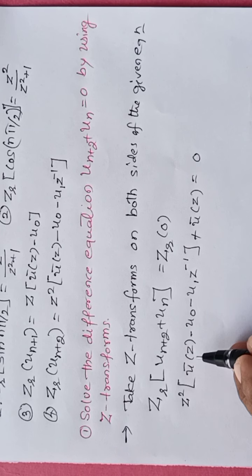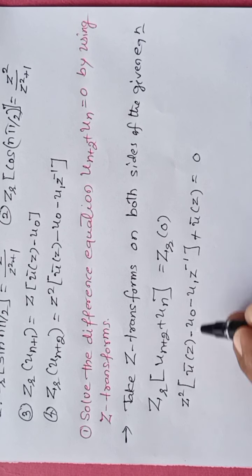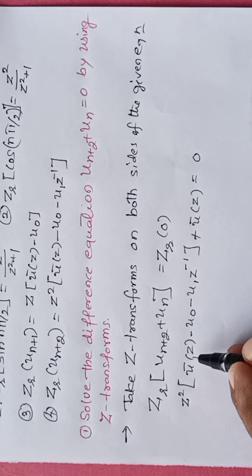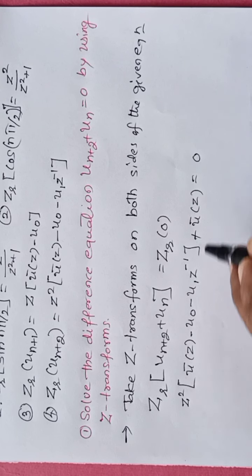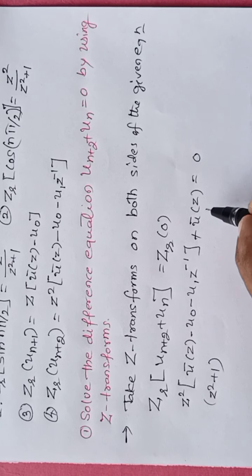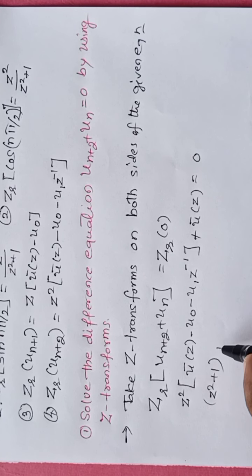Next, take common u bar z. Here z square and here 1, so it is z square plus 1, you can write u bar of z, correct?